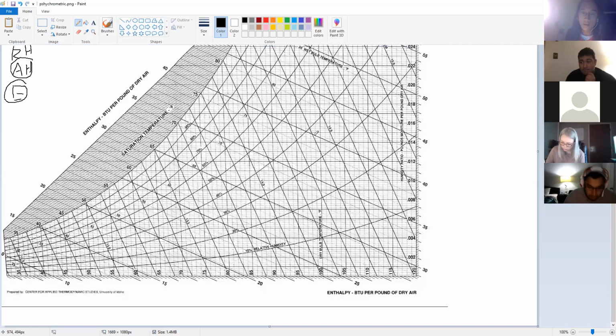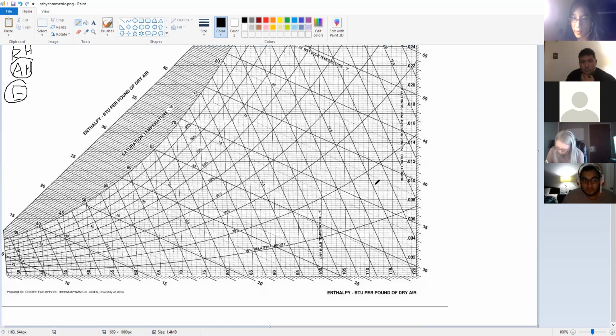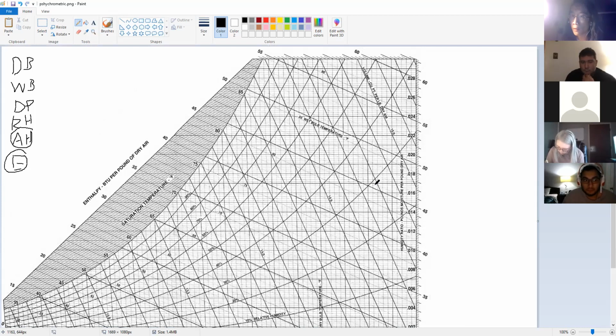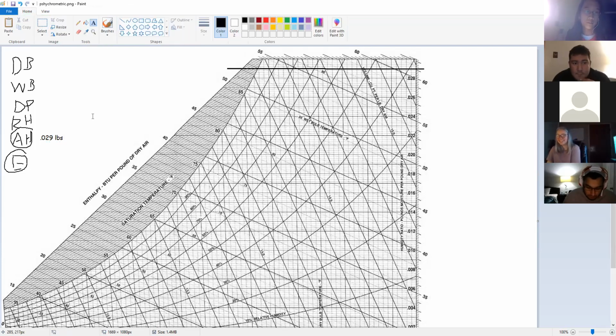Absolute humidity. Give me a number between 2 and 30. 29. I hate you. All right, so we have our absolute humidity up here: 0.029 pounds.